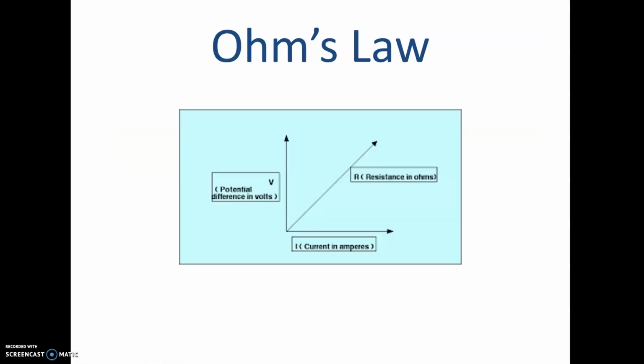This is just a graphical representation of Ohm's law. As you can see, as the potential difference in volts increases, the current in amperes increases. There is a linear, direct relationship between the two, and the resistance is measured in ohms. When you have any two of these variables, you can figure out the third.